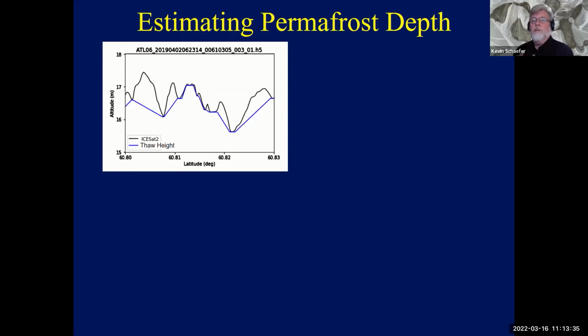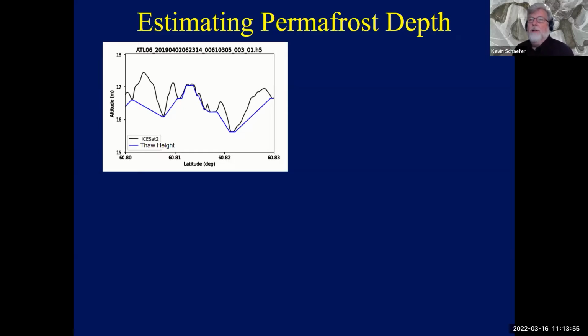In other words, it's the height of the topography of the surface without any permafrost whatsoever. And so we're assuming by connecting the thermokarst gullies that we're going to get a pretty good idea of what that background topography, that thaw height, would be. So we do that and we get the blue line right here.